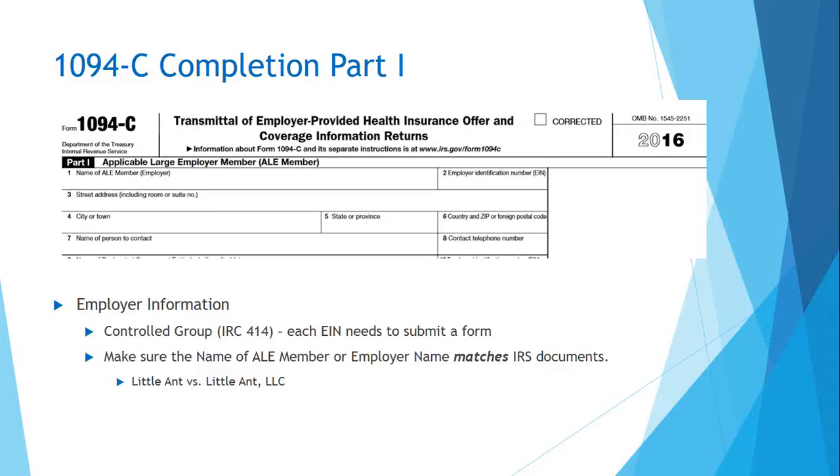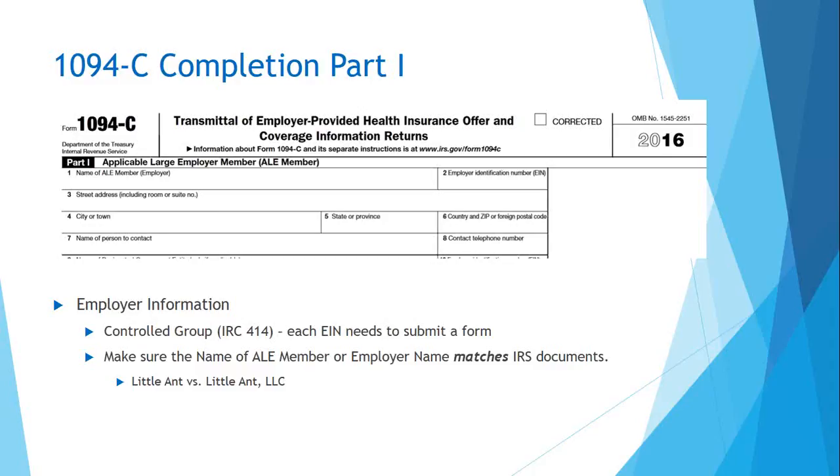So as part of this employer information section, each entity will need to submit a separate form with that employer name on it and that EIN. And please make sure that the name of the employer that you're putting there matches what is set at the IRS. So let's say your company goes by Little Ant, but your designated name that's on file with the IRS is actually Little Ant LLC.